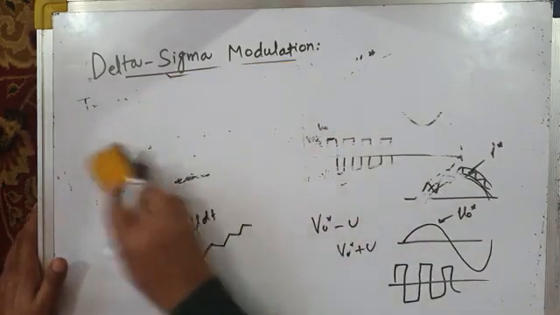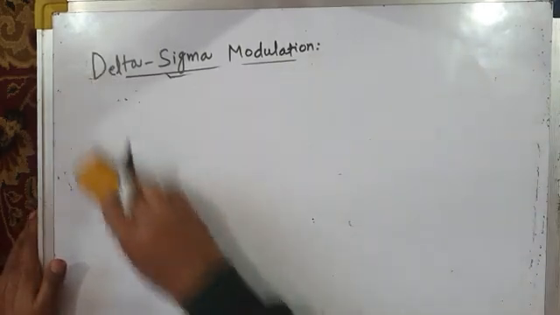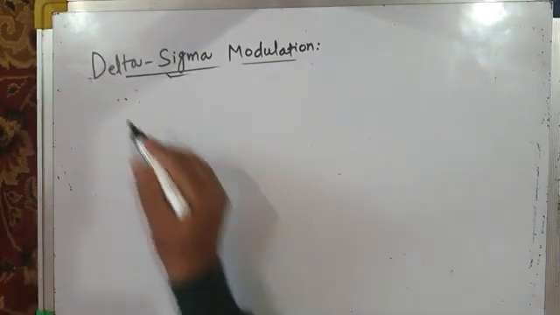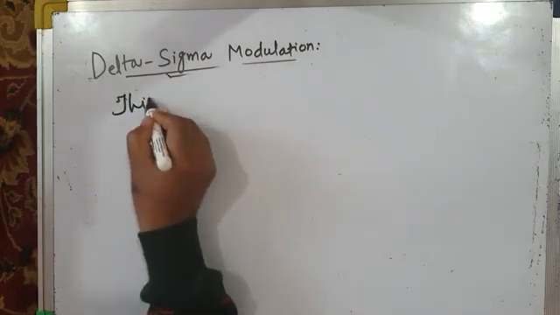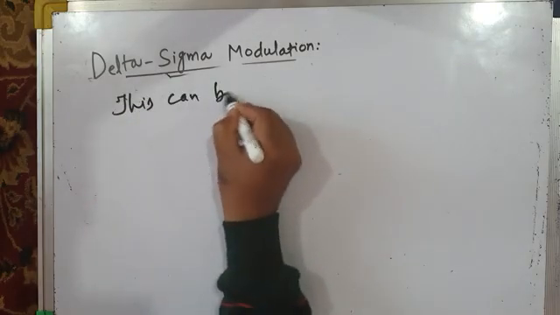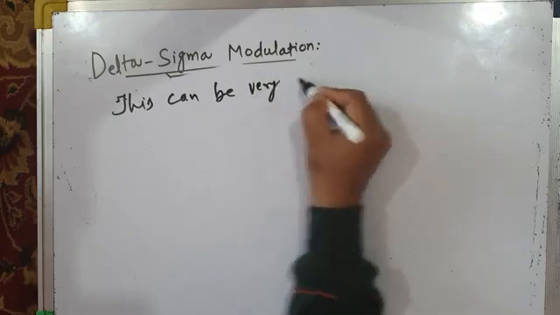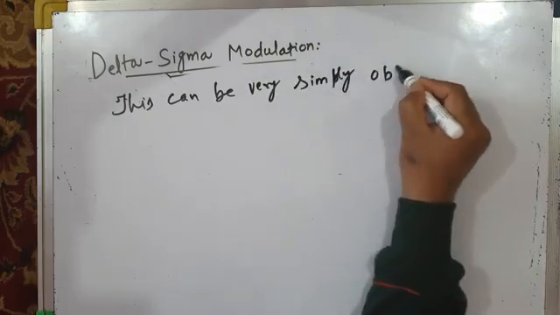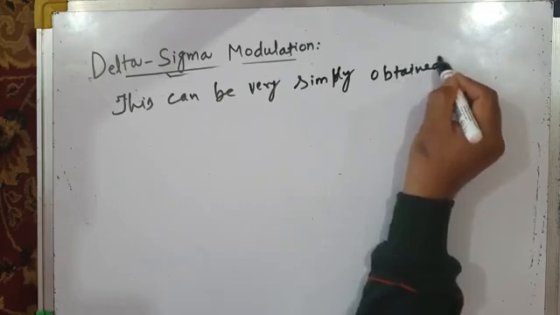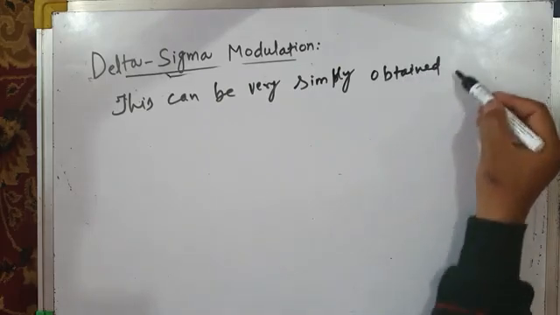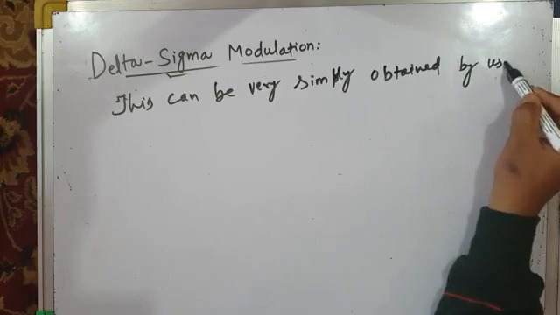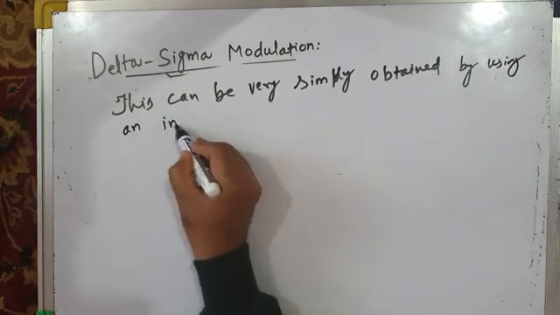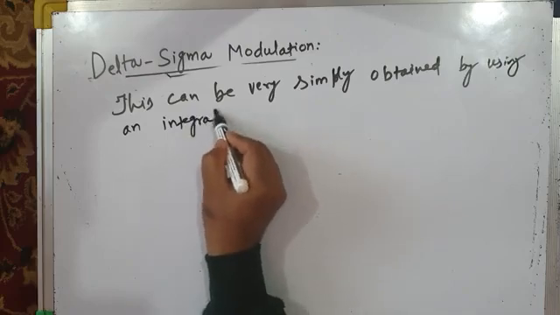Very important to note, this can be very simply obtained by using an integration circuit. Note down, this integration effect of load can be very simply obtained by using an integrating circuit.